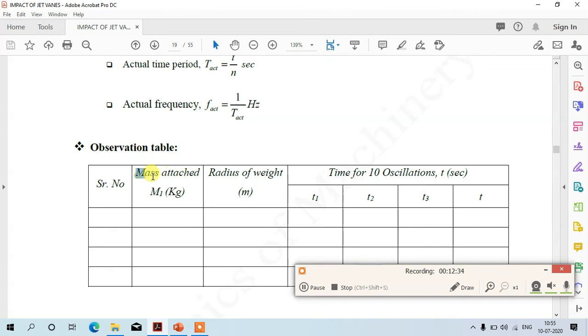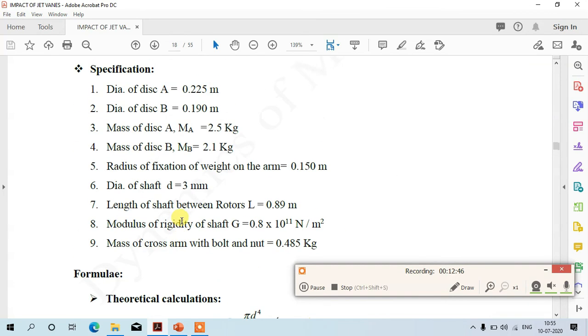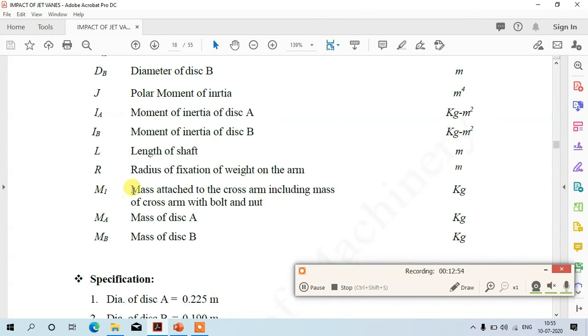M1 is the mass attached, in kg. This M1 is not only the mass attached. If you attach 100 gram of mass, then you have to add this 0.485 kg in that system, because capital M1 is the mass attached to the cross arm, including the mass of the cross arm with bolt and nut.